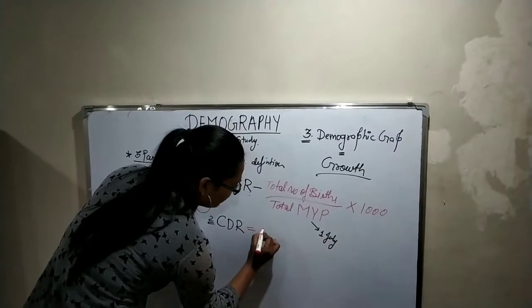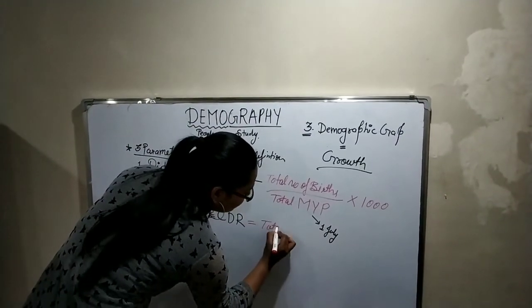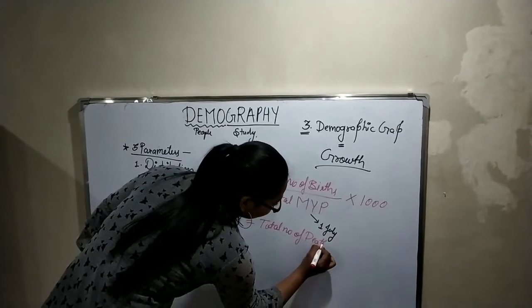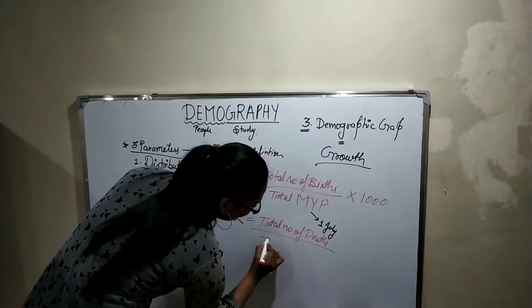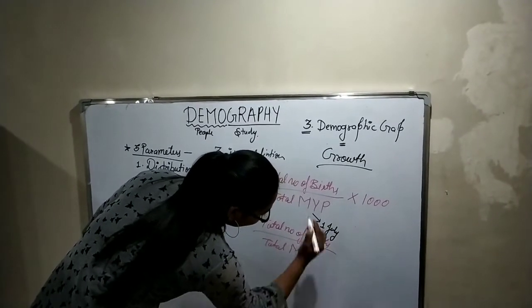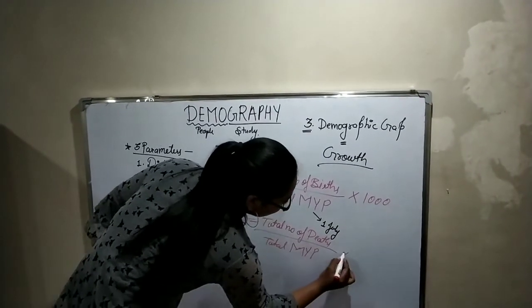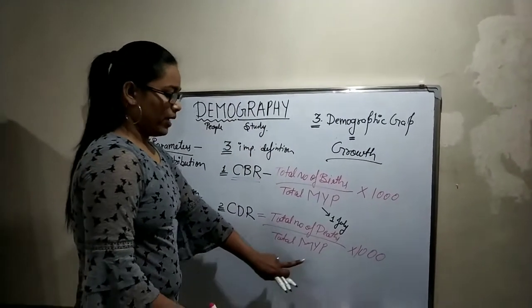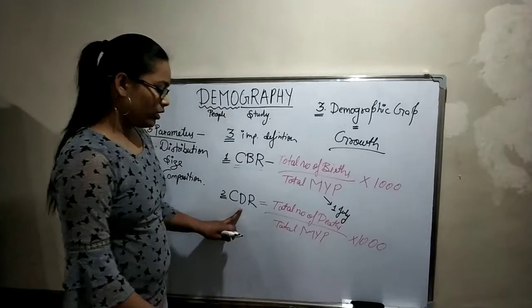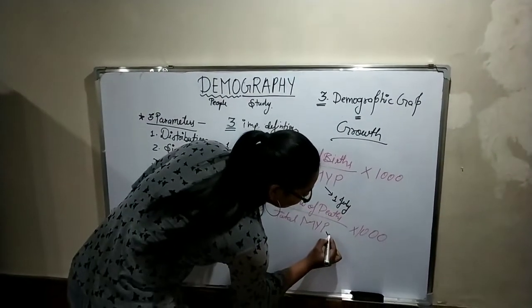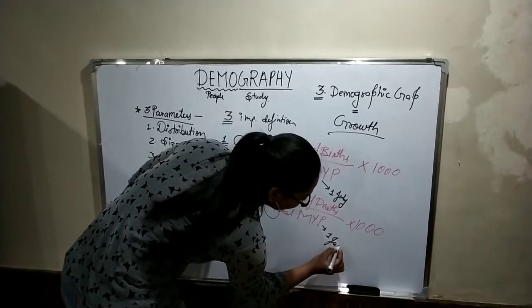And the crude death rate is the total number of deaths upon total mid-year population, as I said, into 1000. So by this formula we can calculate the crude death rate. Here also mid-year population is 1 July.